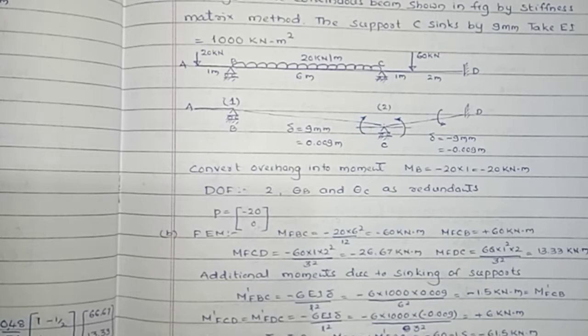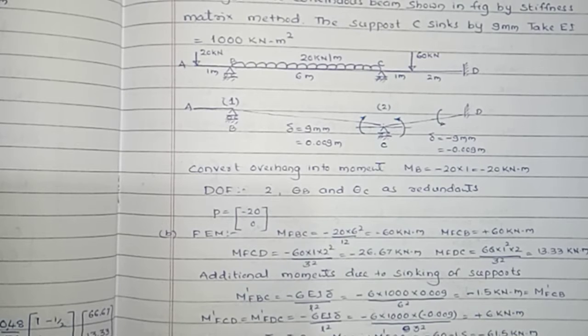By observing the rotation either at D or at C, the rotation is anti-clockwise, hence the settlement delta is negative, that equals minus 9 mm, or if you convert that into meters, minus 0.009 meters.